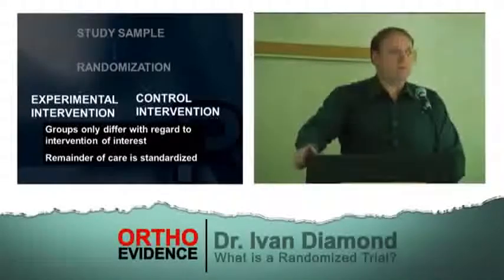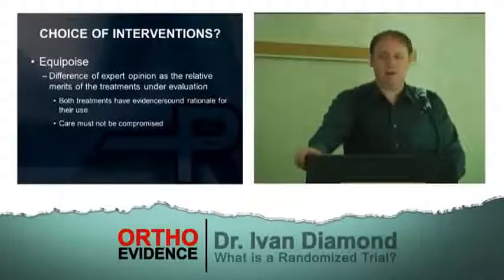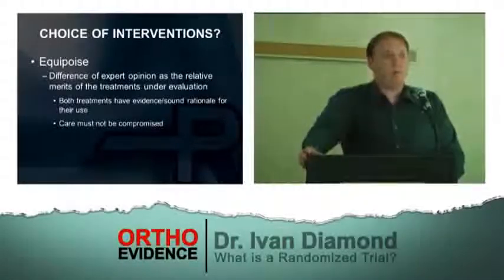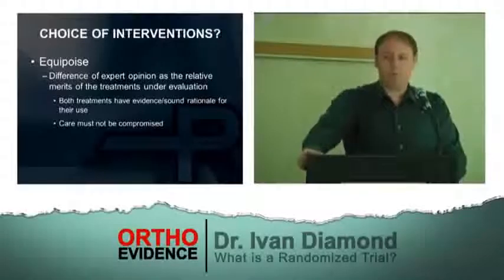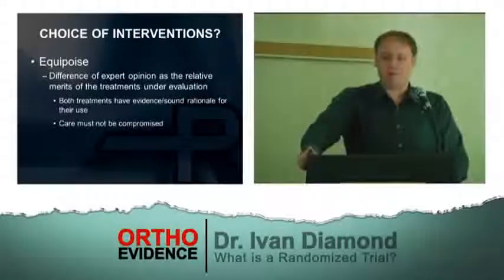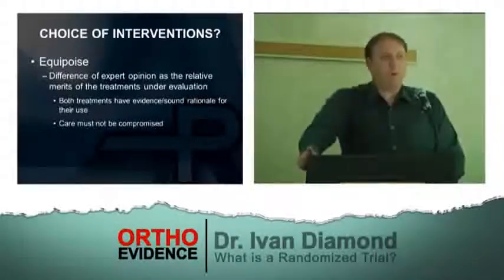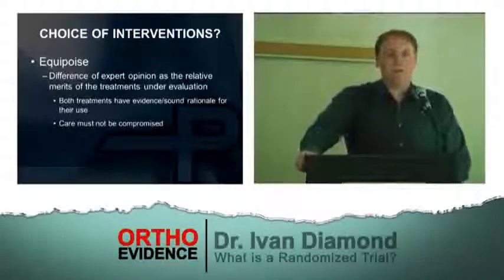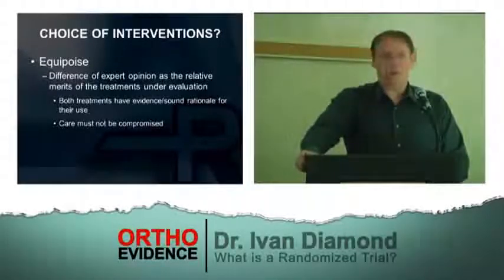So how do we choose the interventions that we're going to study in a randomized trial? At least in North America, we have this principle called equipoise, and that is a difference of expert opinion as to the relative merits of treatments under evaluation. Both treatments have to have some sound evidence or at least a very good rationale for their use.